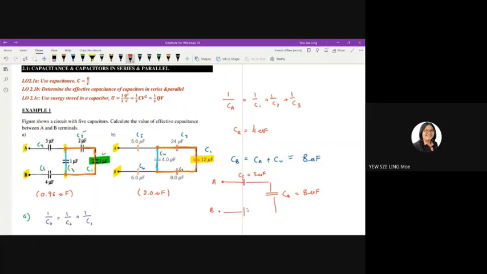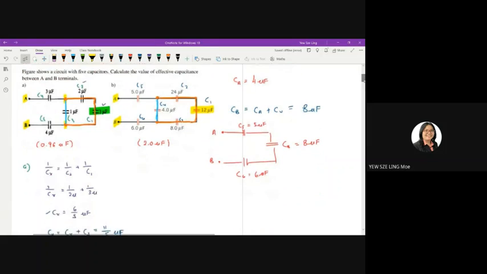And here is my C6, which is 6 microfarad. Again, it looks very familiar to the previous question. Now you have these three capacitors, obviously connected in series.